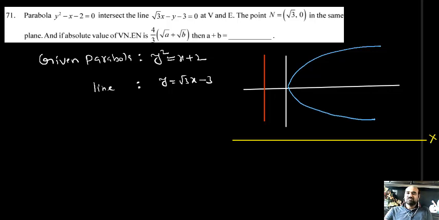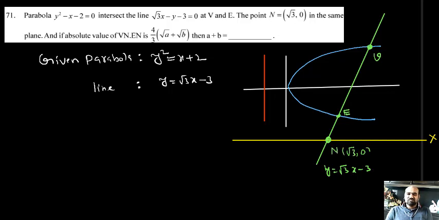Assume that this is the line intersecting at V and E. This is a point on the x-axis. For a point on the x-axis, the y coordinate is 0, so put y equal to 0 and you get x equal to root 3, so root 3 comma 0. That is the point given as N, so N equals (root 3, 0).